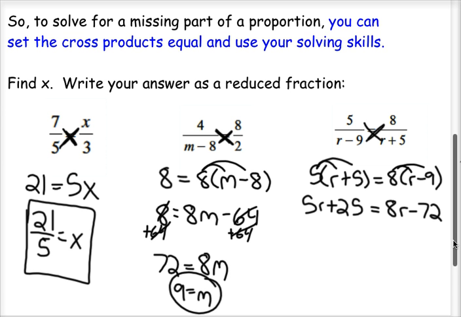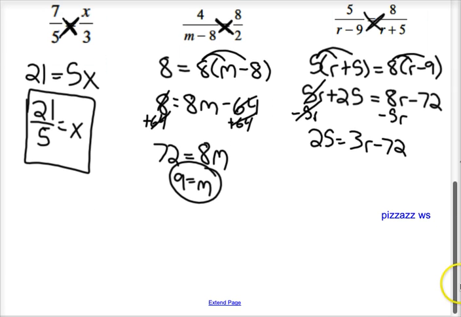Now again, this takes a little bit more skill now. We need to collect the variables together. So I'm going to subtract 5r from both sides here. So I get 25 equals 3r minus 72. Now I'm going to add 72 to both sides to cancel that.